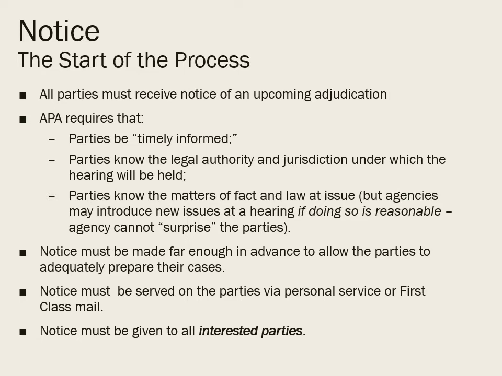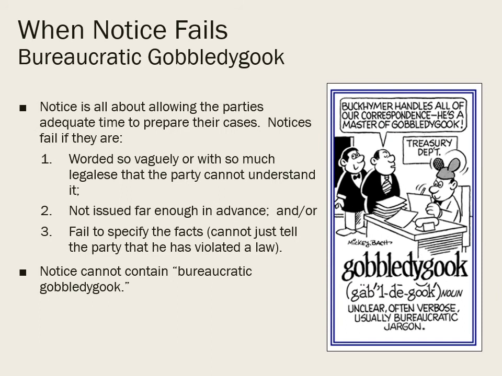The APA requires that the parties to the case, as well as interested parties, be timely informed about the adjudication. The parties also have to know the legal authority under which the hearing will be held and the matters of fact and law at issue in the case. So notice is all about allowing the parties adequate time and adequate information so that they can prepare their cases.